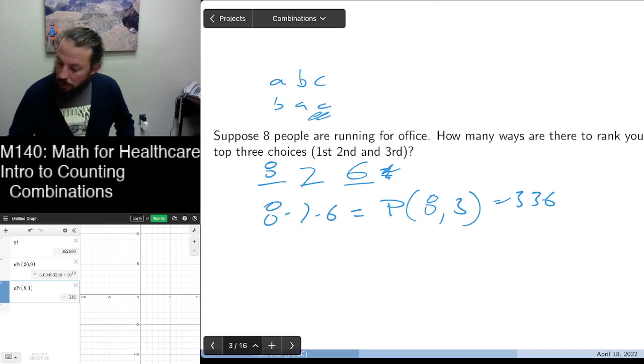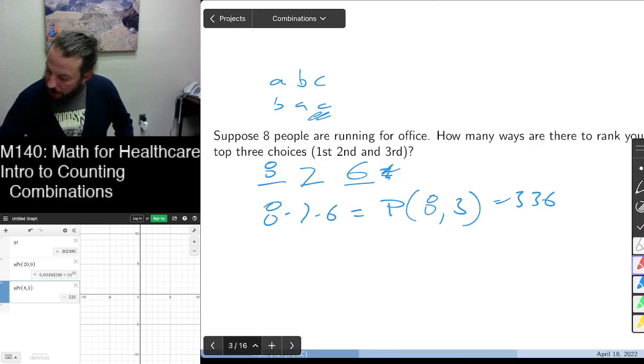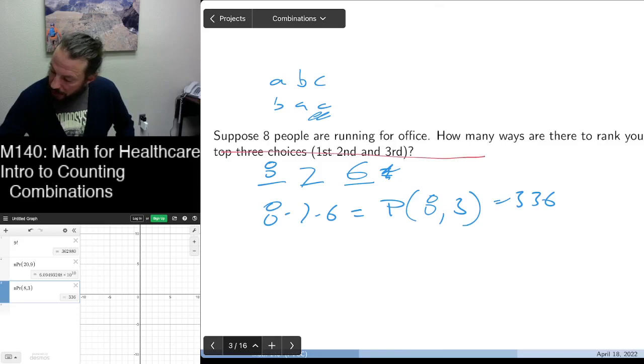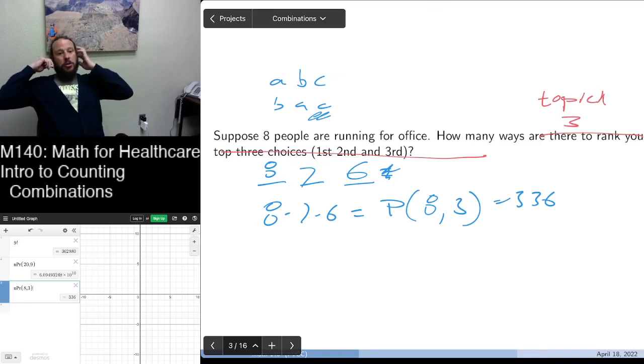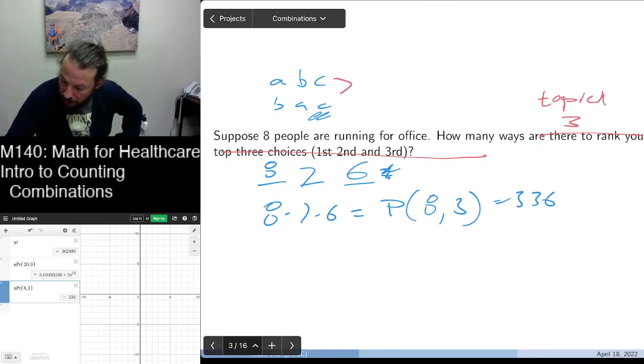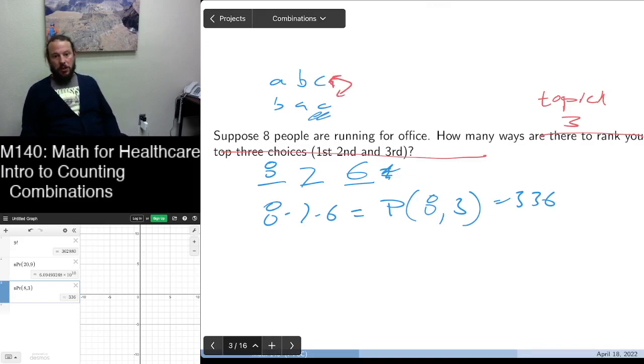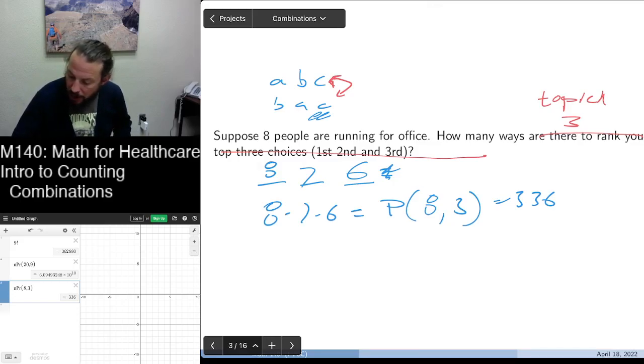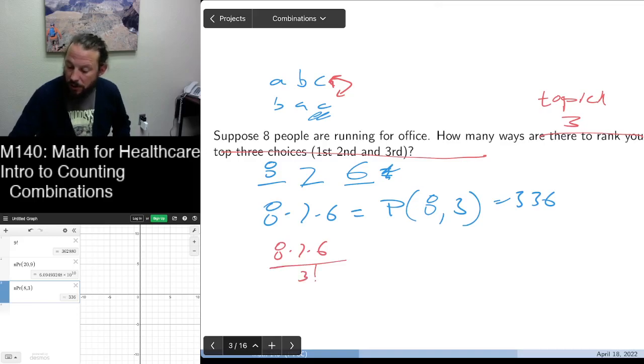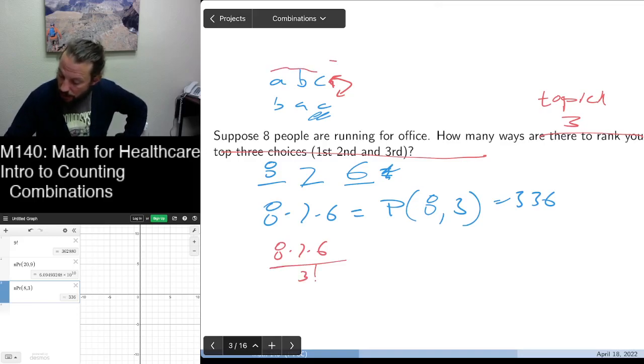Now, what if I change this question and ask, how many ways are there to pick 3 people? So now we're not distinguishing order, so now these two things are the same. Well, the reasoning goes, we take all those same 8 times 7 times 6 that we had before, but we want to unorder them, so we divide by the 3 factorial orderings of those 3 things.